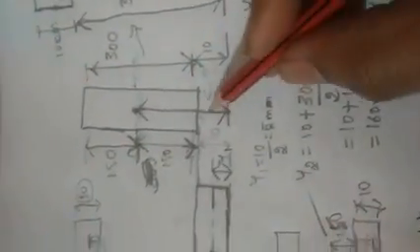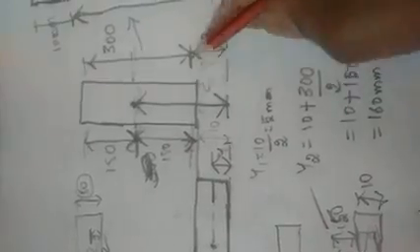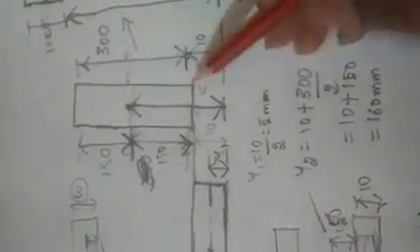That is given in the question only. So the total will be 160. That's why I have written the thickness 10 here. The total height is 300, 300 divided by 2 is 150, so 10 plus 150. So y2 for this section will be 160.